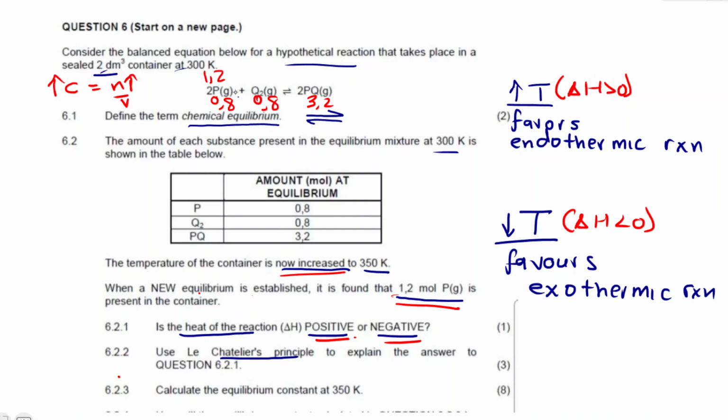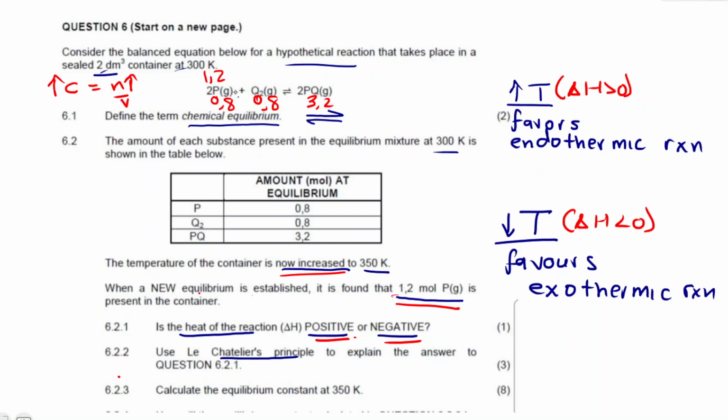So the reactants were favored. In other words, if the reactants were favored, now which side is the reactant? Let's go back to this now. Let's look at this. The forward reaction points to your products, but your reverse reaction is pointing to your reactants. And we are saying now it is the reactants that were favored.